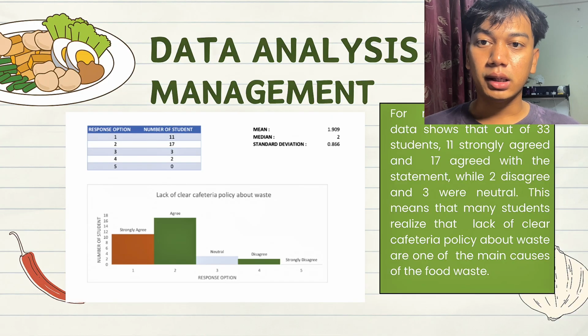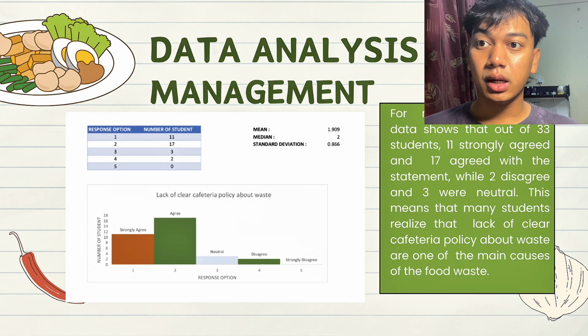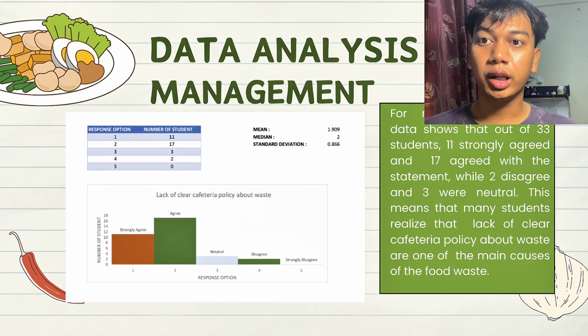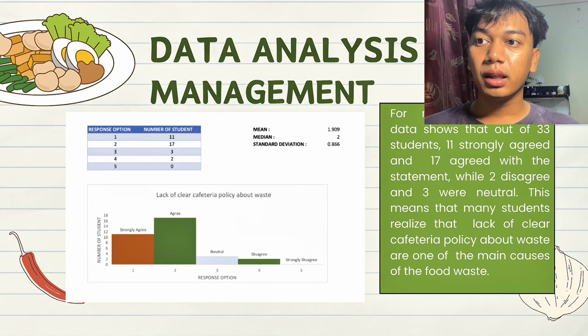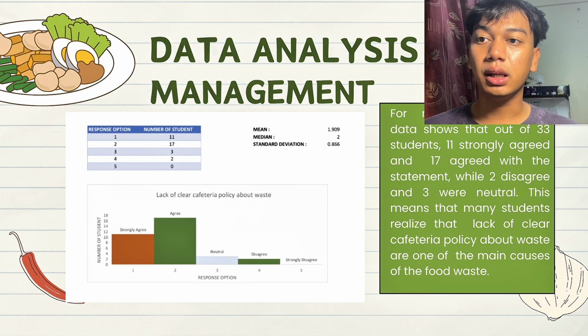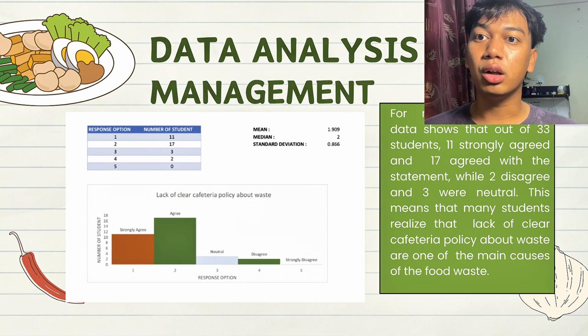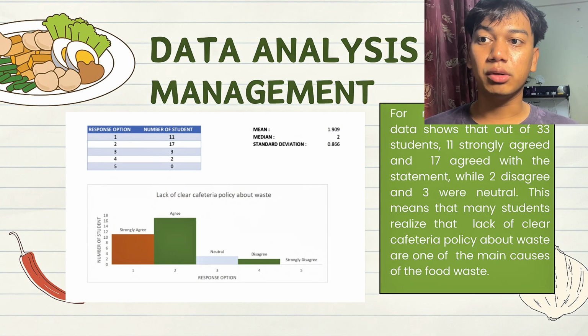So the next factor is management or measurement, which focuses on how cafeteria policy manages food waste. The question was: lack of clear cafeteria policy about waste. Most students agree, 70, and strongly agree is 11, that there is no clear policy. Only a few were neutral and disagree.